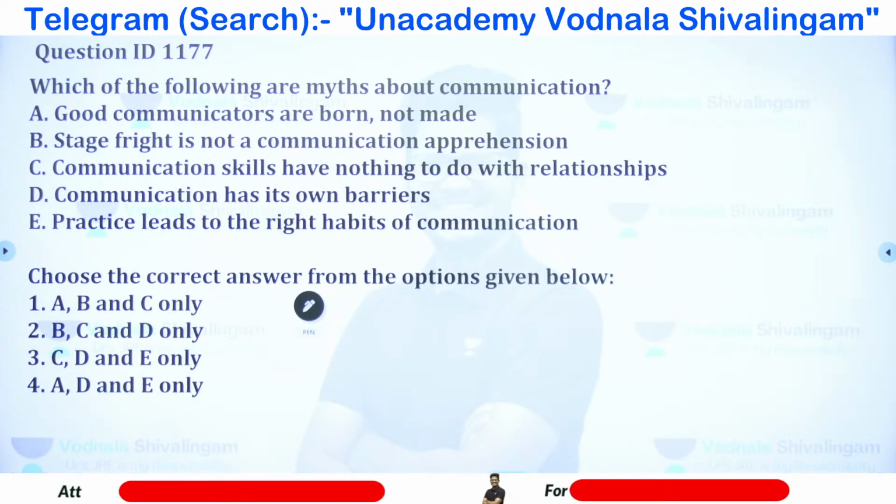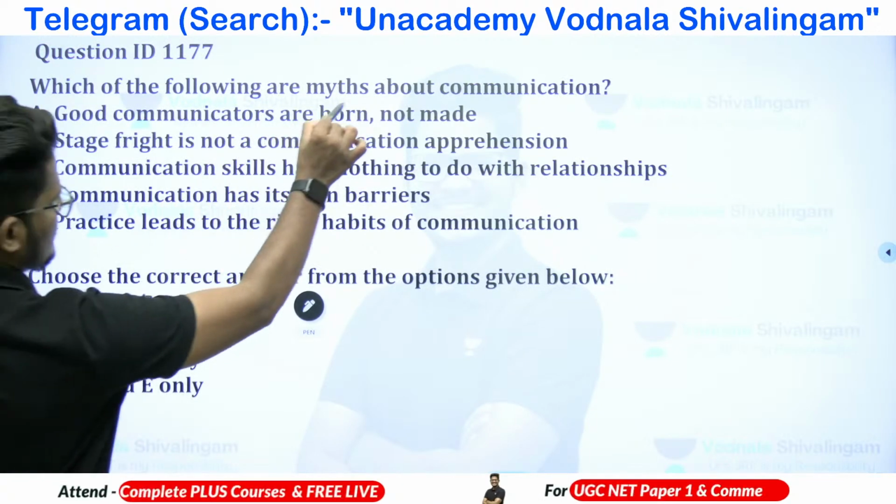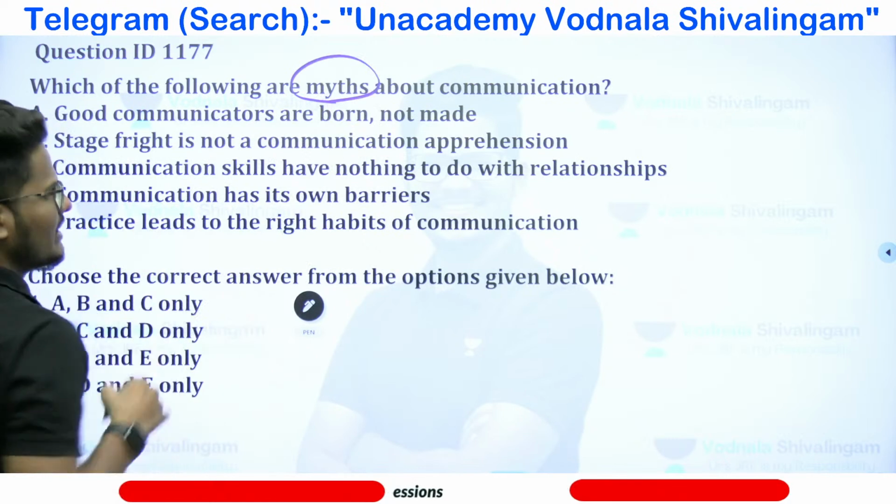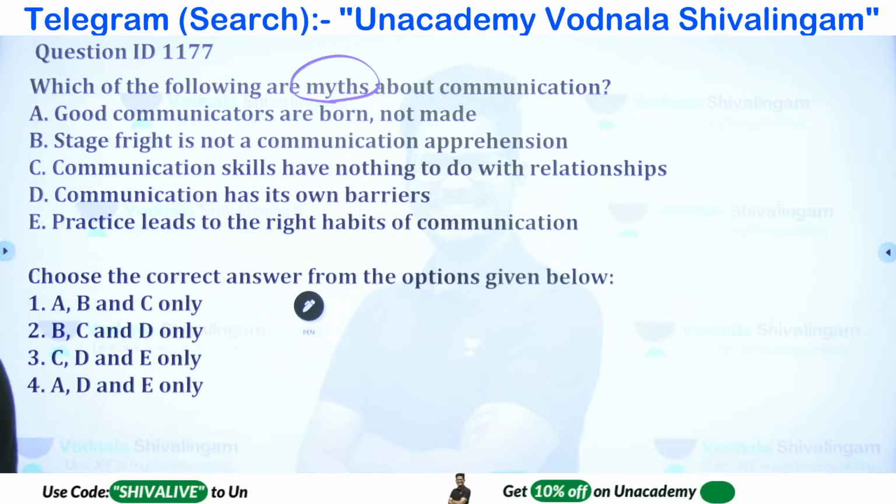Which of the following are the myths about communication? Myths which may not be true, which are believed as true, believed as false.